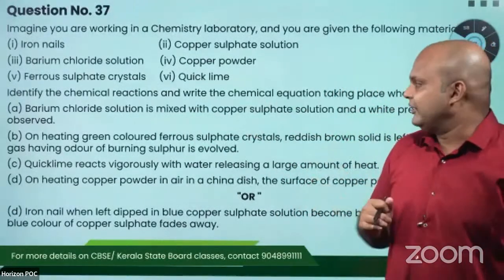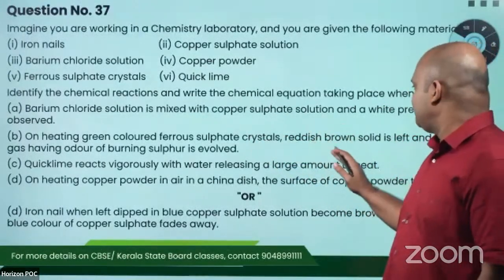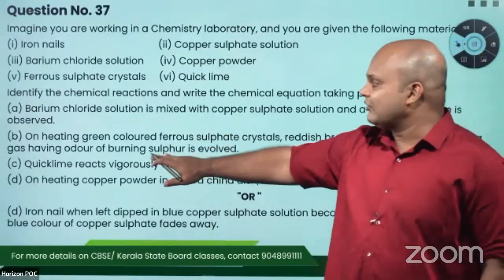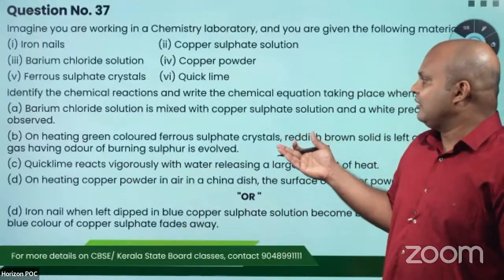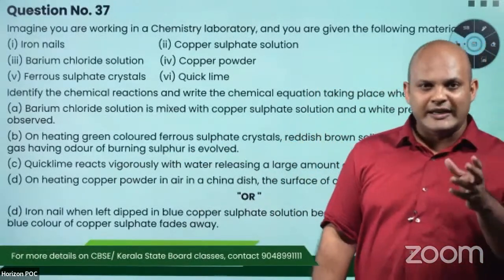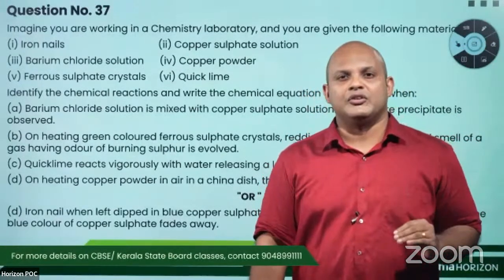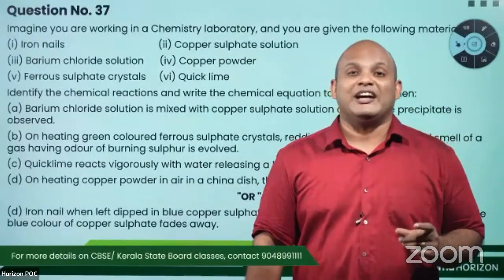The next reaction is on heating green colored ferrous sulfate crystals, a reddish brown solid is left and the smell of a gas having the odor of burning sulfur is observed. So what is happening here? The green colored ferrous sulfate crystals, once you start heating them, these ferrous sulfate crystals have green color because the crystal contains water of hydration.